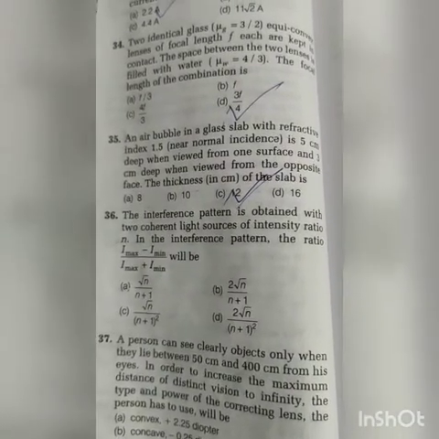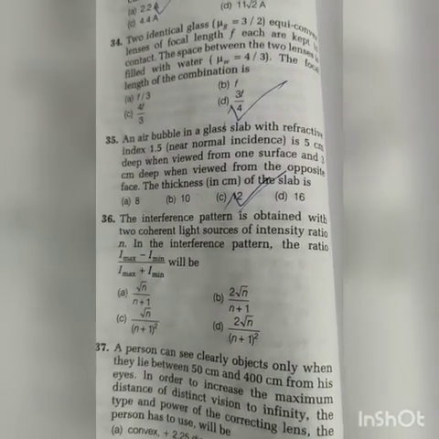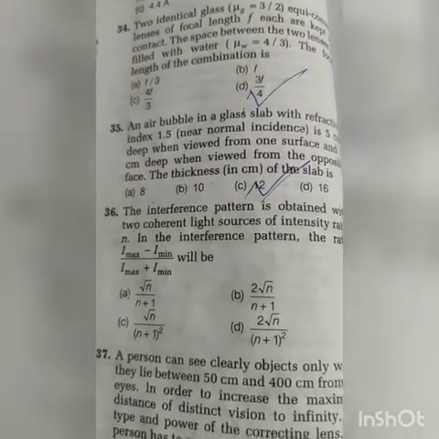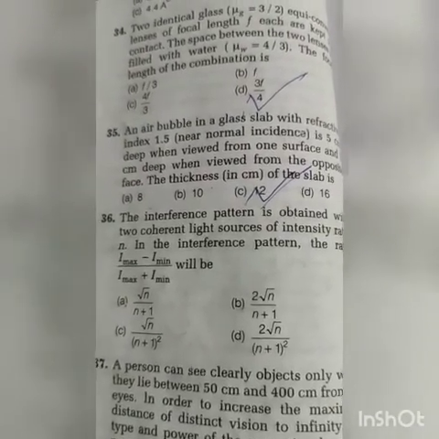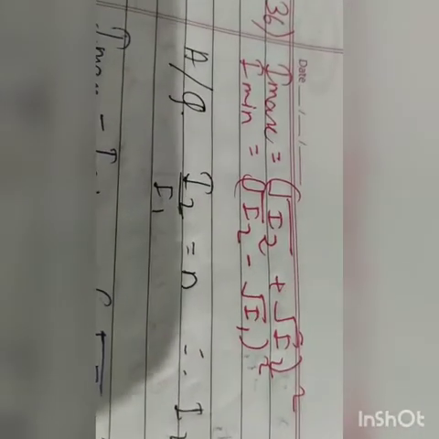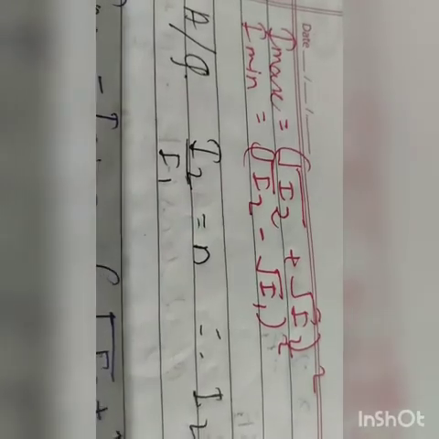Now question number 36. The interference pattern is obtained with two coherent light sources of intensity ratio n. In the interference pattern, the ratio Imax minus Imin by Imax plus Imin will be. So as we know, Imax is equal to (root I2 plus root I1) square and Imin is equal to (root I2 minus root I1) square.